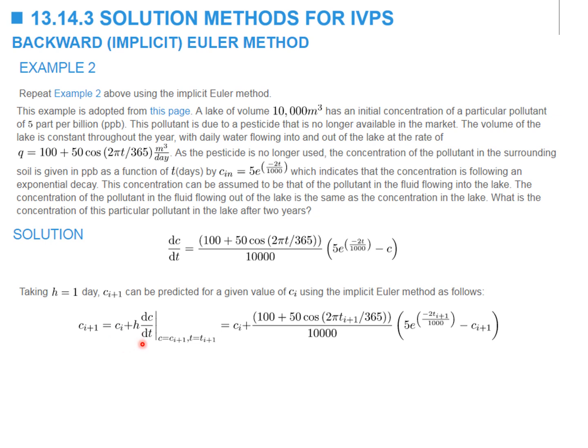The rate for the implicit Euler method is calculated at the time point t sub i plus 1 and c sub i plus 1. As I mentioned, we don't know ci plus 1, this is the unknown.